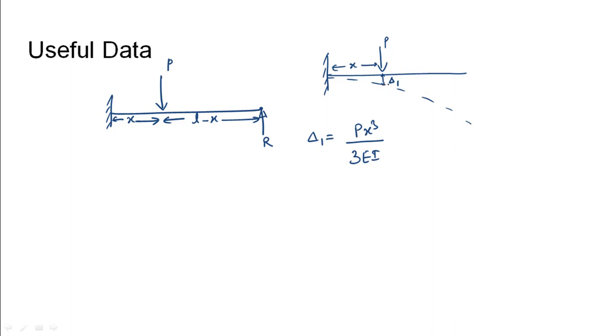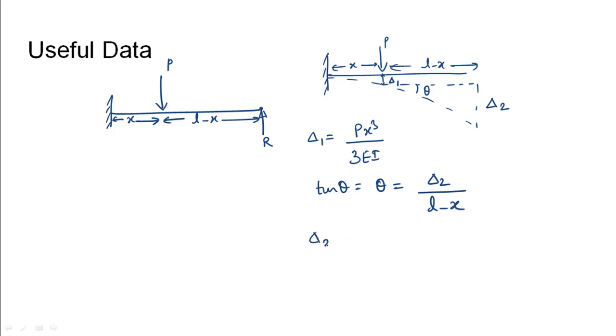The remaining deflection can be found if the slope at this location is known and it is operated with the remaining length, that is L minus x. So for small deflection values, tan theta will be equal to theta. So tan theta here can be seen as delta 2 divided by L minus x.